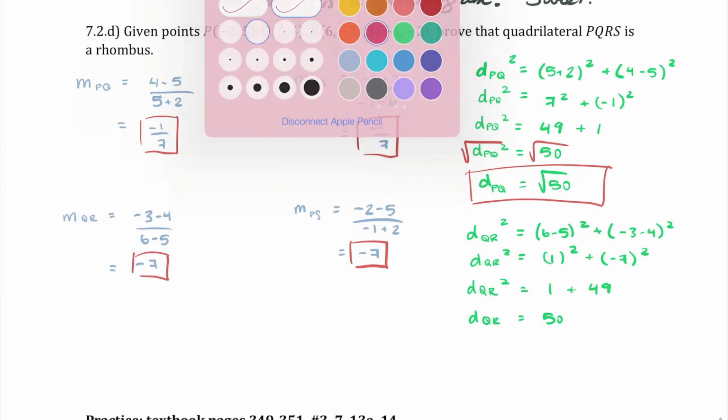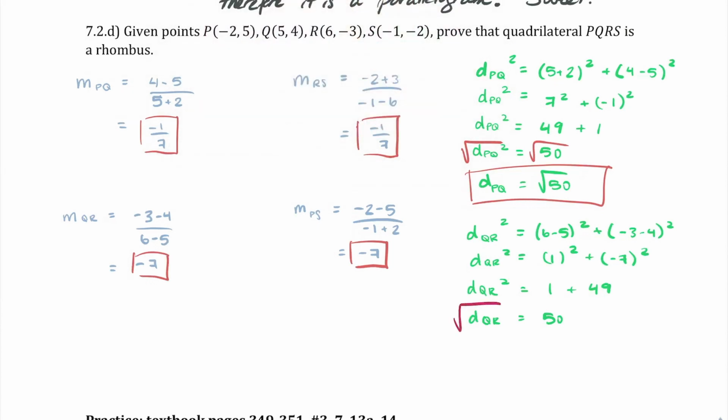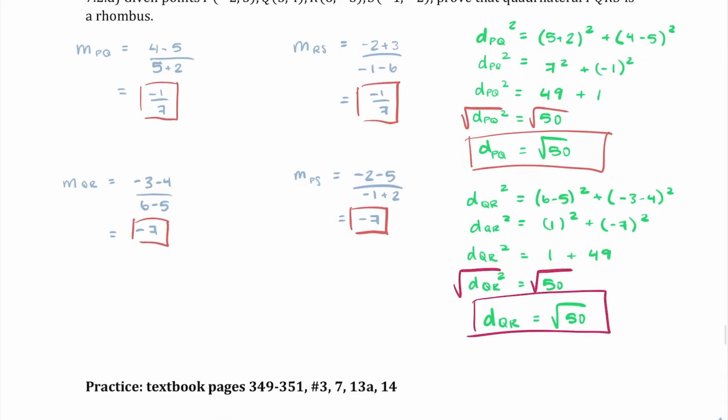We have to square root both sides because that's how we isolate. Whoa, I forgot the little exponent there. Oops. But as we square root both sides, we end up with a distance of root 50. And wouldn't you know? There we go, 2 distances that are equal.